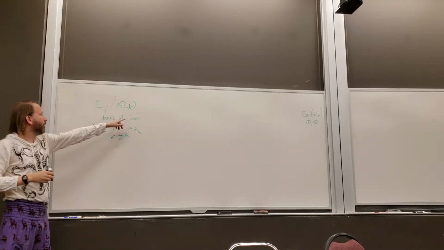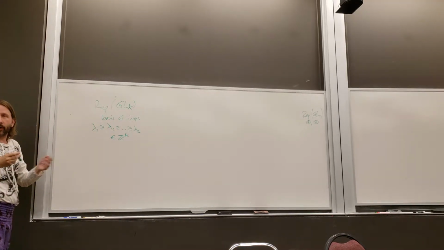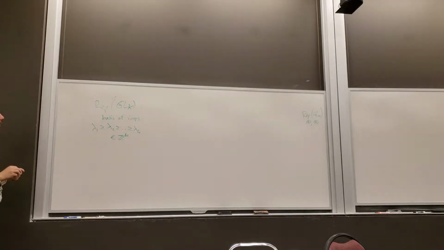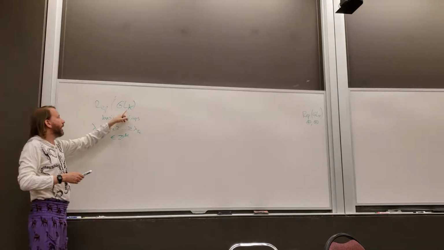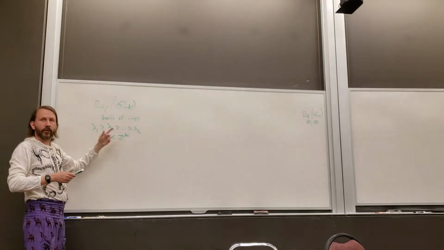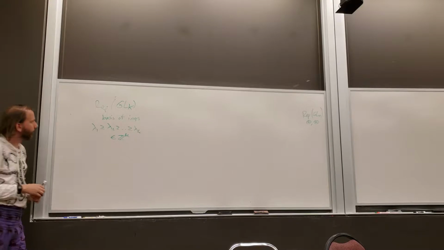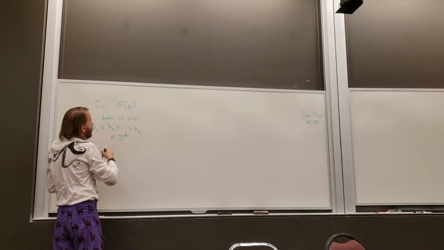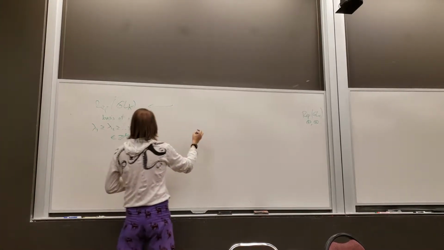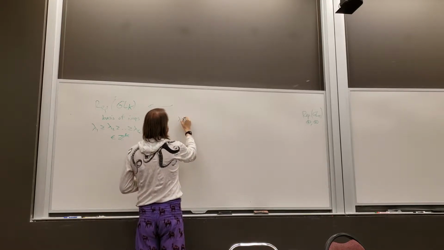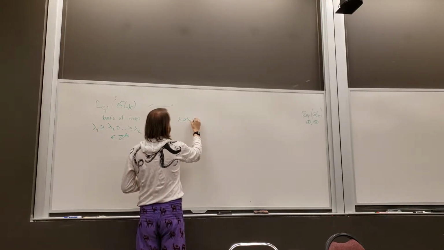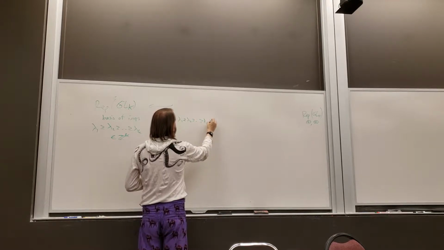The irreps of any complex reductive Lie group are indexed by their dominant weights. The weight lattice for GLK is Z to the k, and the dominant weights in there are the ones satisfying these inequalities.